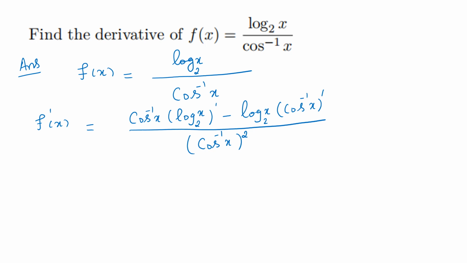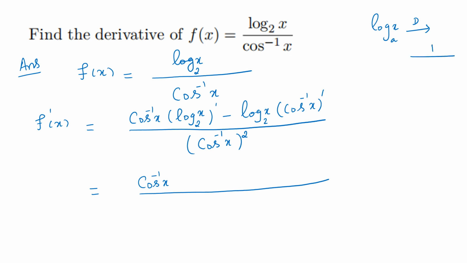So now we can use the rule. If you look at the table, we can get it easily. Cosine inverse x, same cosine inverse x. Log x to the base a, you have to recall the derivative of log x to the base a. Okay, what is the derivative I'm giving to you? It is 1 by x log a.